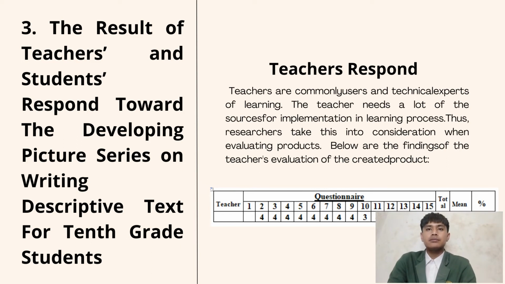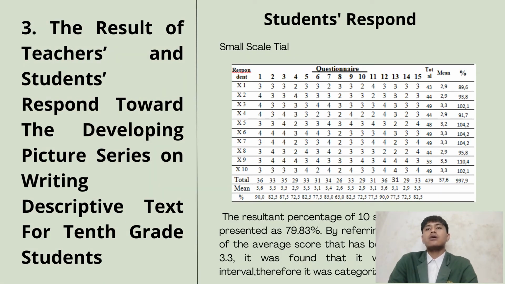First, the teacher response followed by a calculation. It can be seen that one teacher at a senior high school in West Bandung gave the product a very good rating because the total aspect evaluation was in a feasibility percentage of 98% category.